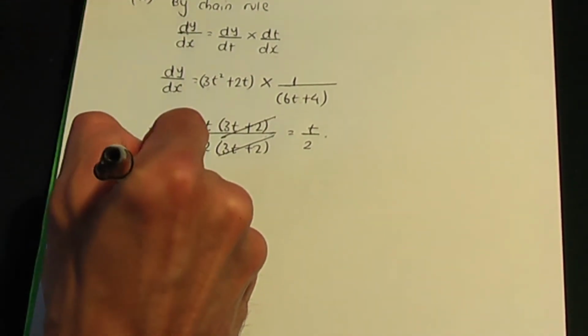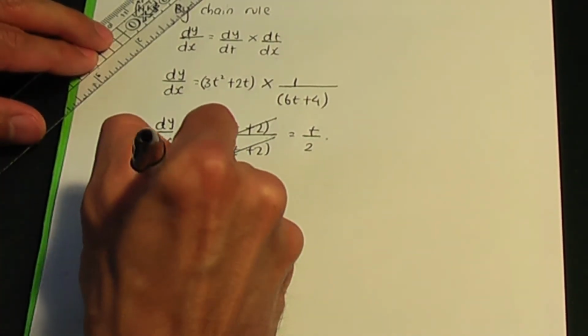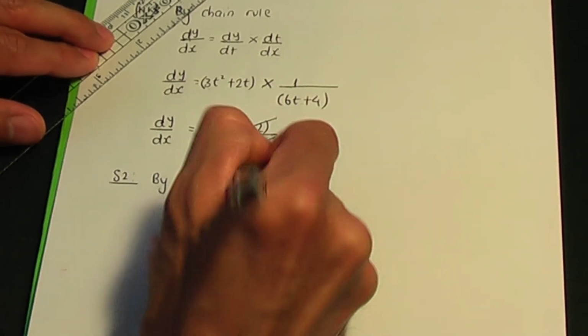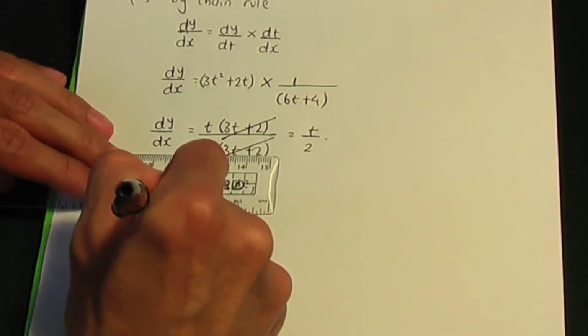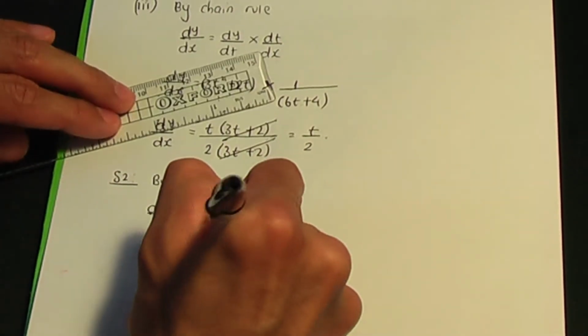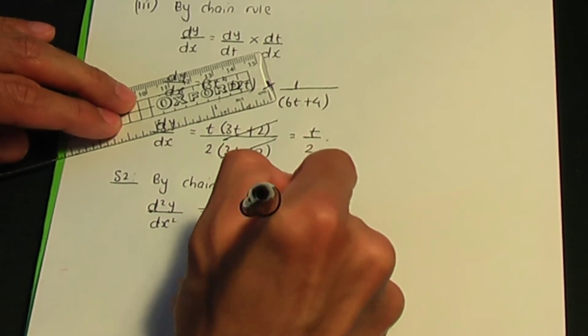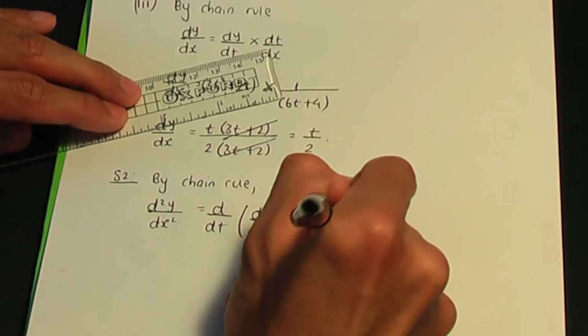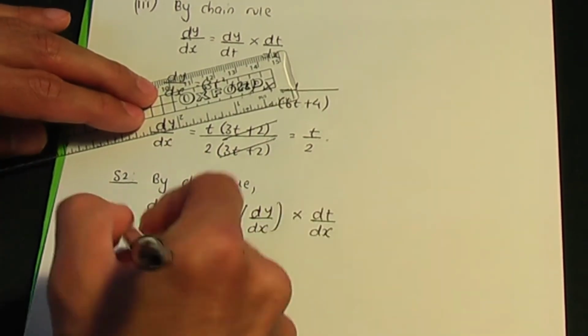So that takes us to step 2. By the chain rule, d²y by dx squared is d by dt of dy by dx, multiplied by dt over dx.